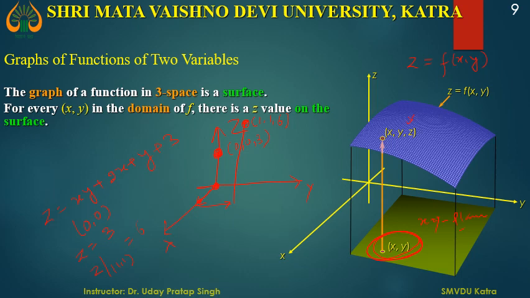X, y is the ordered pair, and that ordered pair gives the value of the function z, right? Then consider all such triplets x, y, z. These triplets give a surface, right? This is a surface.